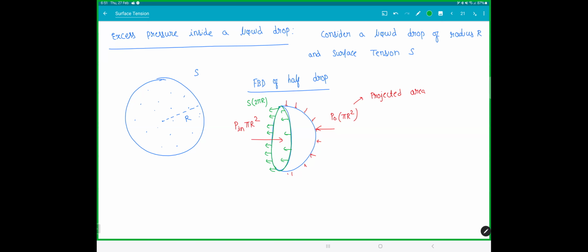Able to visualize how that surface is? Imagine a coconut. If I try to break it like this, how is the force acting on this? Isn't it acting on this circumference? If I try to pull it like this, isn't it just acting on the surface? Remember, the surface is acting like a membrane.